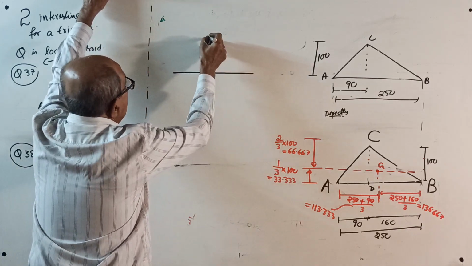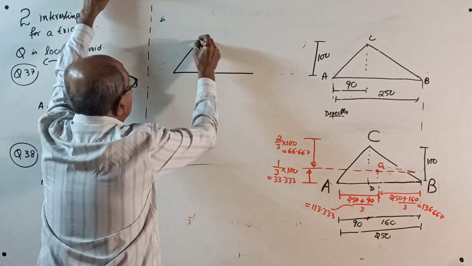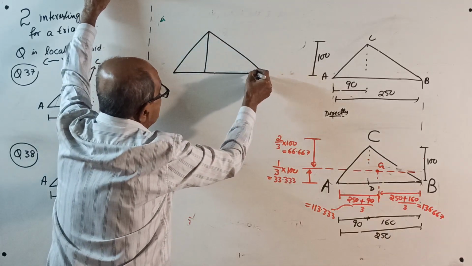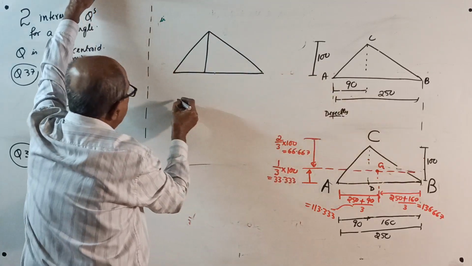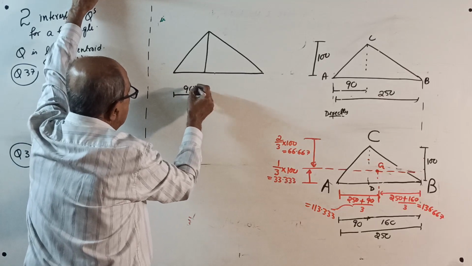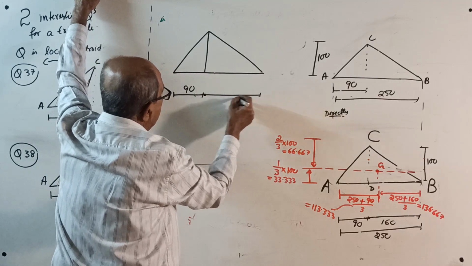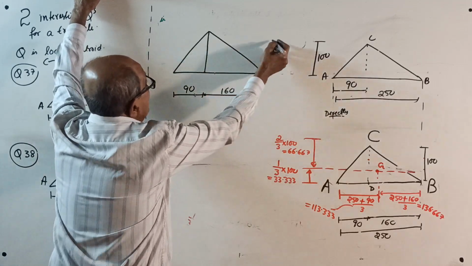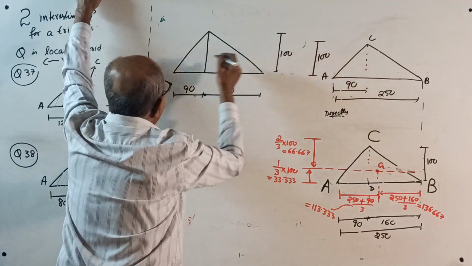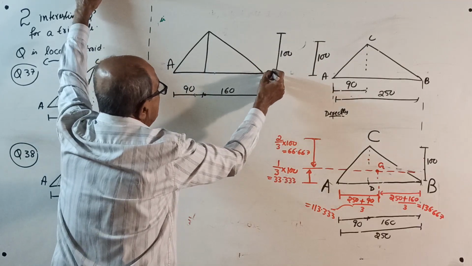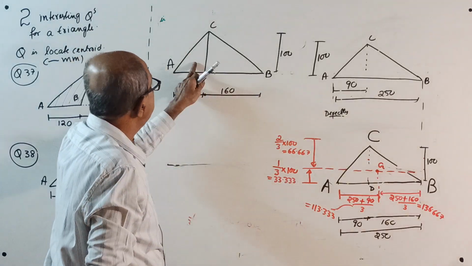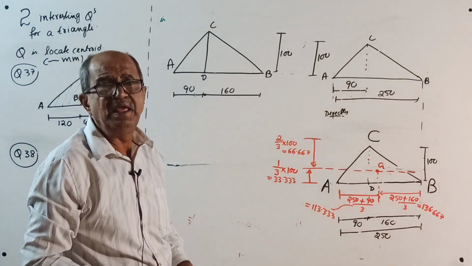See, this is 90, this is 160, height is 100. ABC. Then you have to take the point D also, and consider both triangles separately.